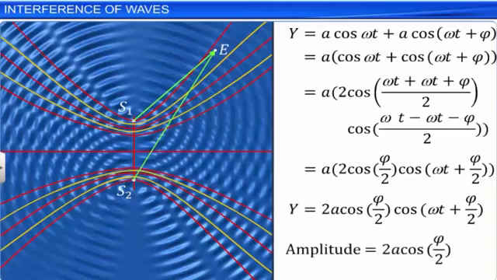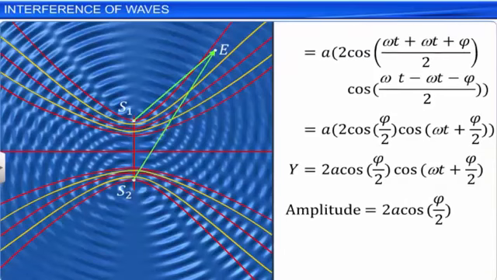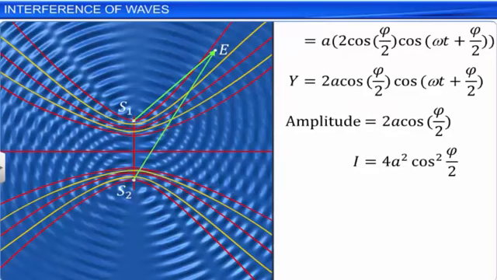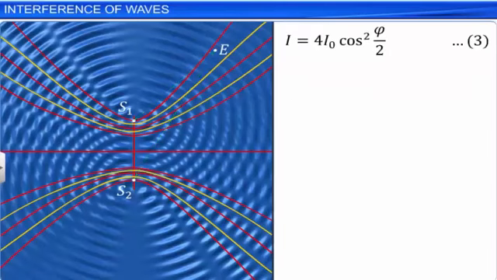Therefore, the intensity at E is I equal to 4a square cos square phi by 2. This can also be written as 4I0 cos square phi by 2. Let this be equation 3. Equation 3 is a general expression which enables us to find the intensity at any point on the surface.